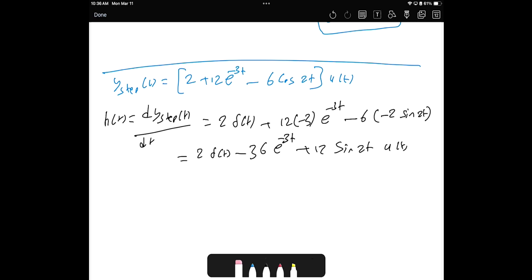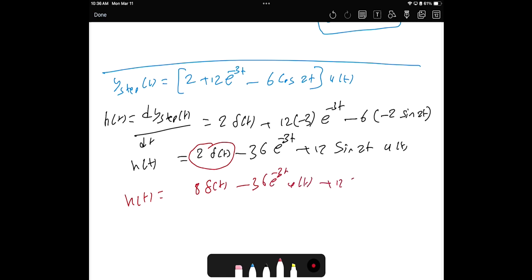That's the first thing. Now the other thing, the question says, how can I get the x? Here we have 2. Our target or our answer was 8 delta t minus 36 e to the negative 3t u of t plus 12 sine 2t u of t.